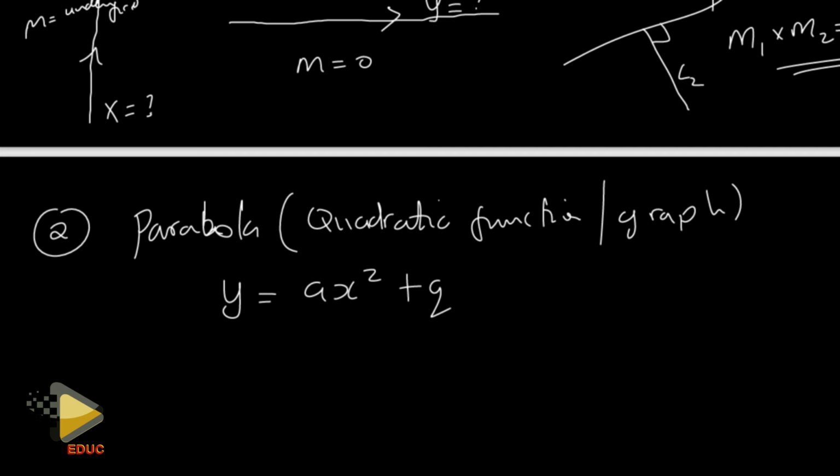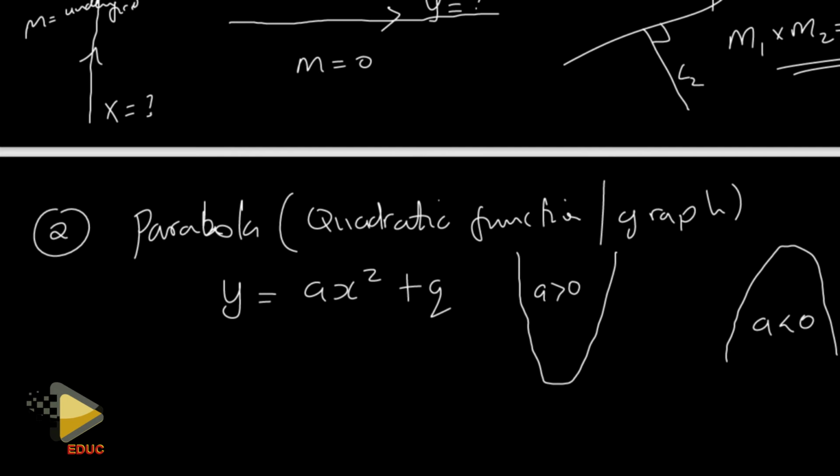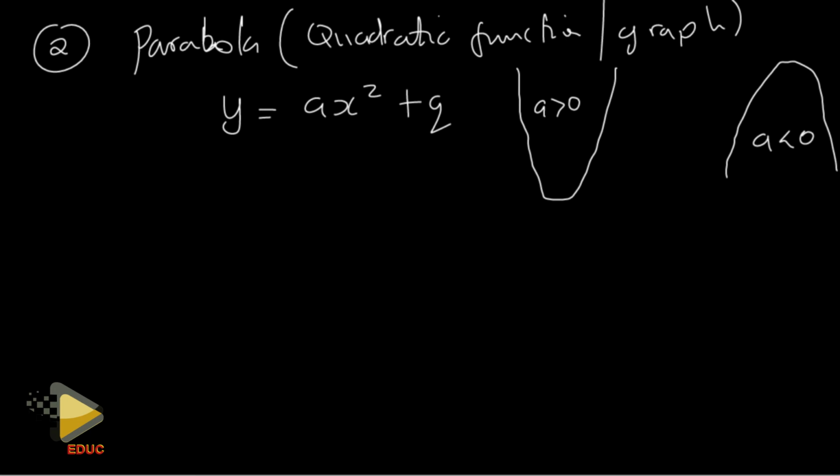Okay, the shape of a parabola will be a smile or it will be a frown. Okay, we only get a smile if our a is positive. We get a frown if our a is negative. Okay, now this q represents the y-intercept of the graph.